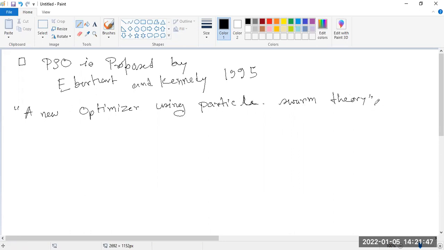It was journal proceedings, published in Japan. A new optimizer using particle swarm theory was their journal paper, or you may say their proceedings. In these proceedings they stated this swarm optimization in 1995.